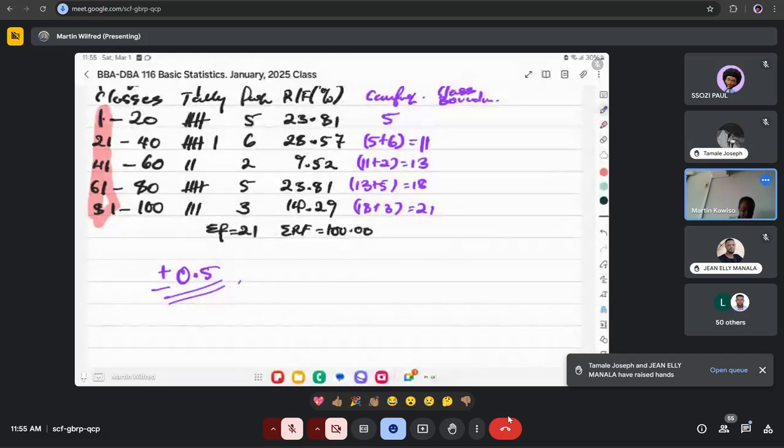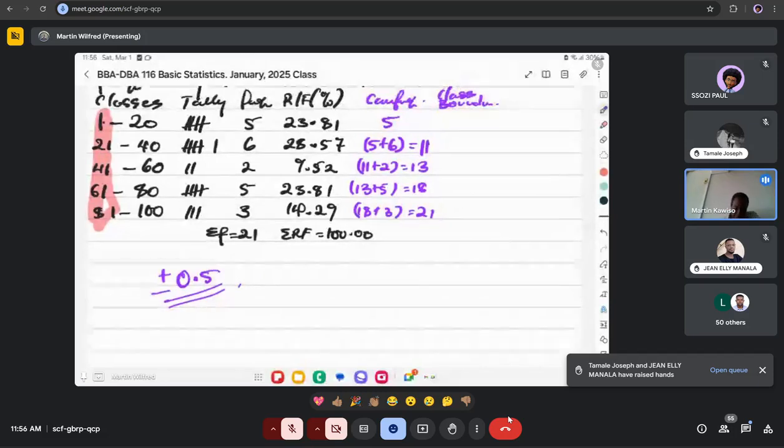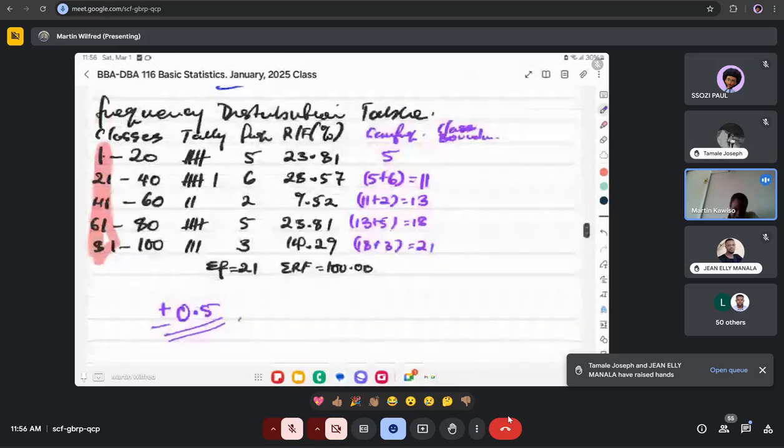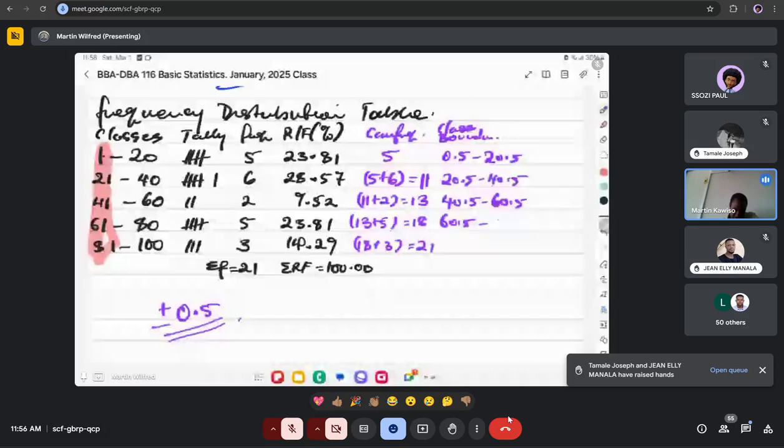So here I shall have 0.5 to 20.5. Then we shall have 20.5 to 40.5. Then 40.5 to 60.5. Then 60.5 to 80.5. Then 80.5 to 100.5.